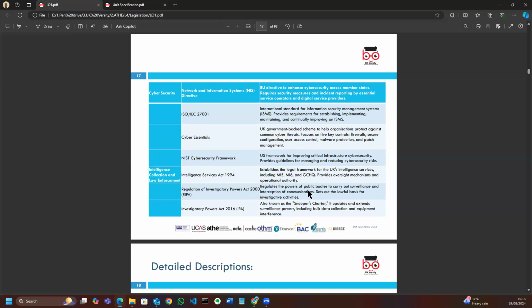It basically focuses on 5 key controls, which are firewalls, secure configuration, user access control, malware protection, and patch management. Normally, a company has to complete an assessment, and once this assessment is done, they can finally have the badge.